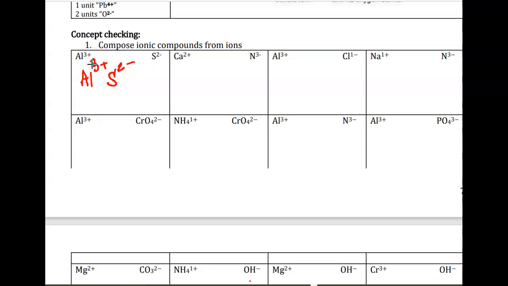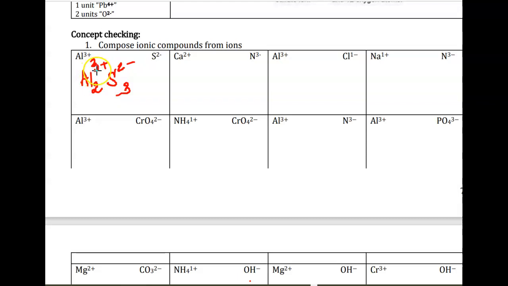And the way to write this formula correctly, you need to put these charges crosswise to each element. So I'm going to put the 2 here and the 3 here. For example, how will you think about this?